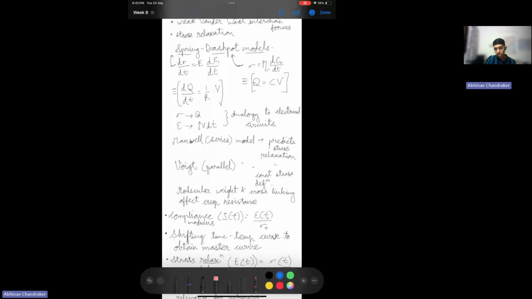What usually happens is that the material slowly relaxes due to plastic deformation, creep happening over time, and the amount of stress that you need to apply slowly reduces. That is called stress relaxation.